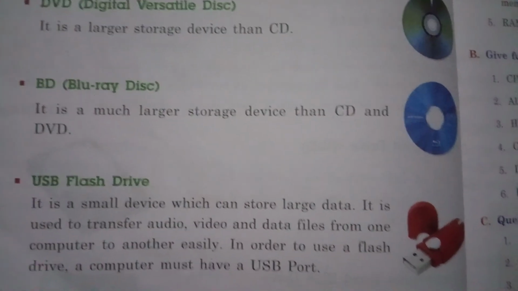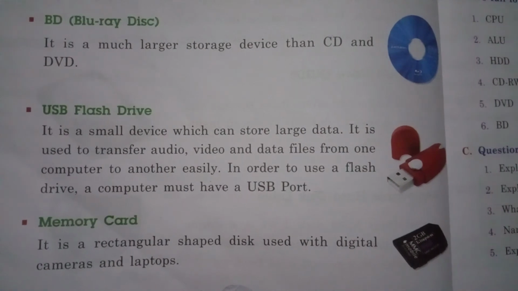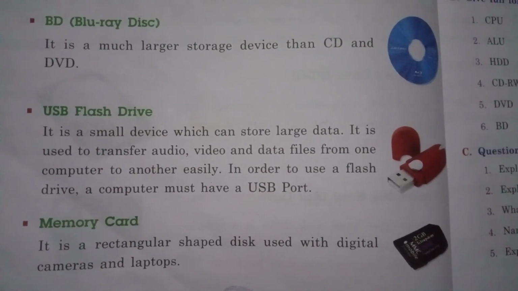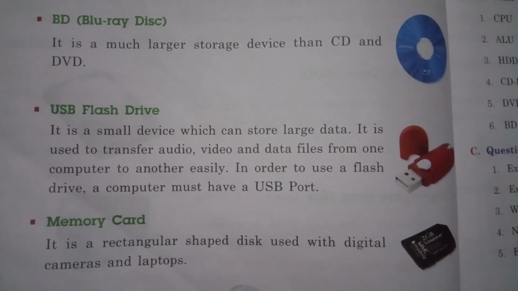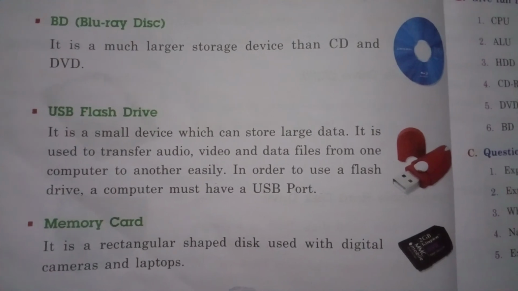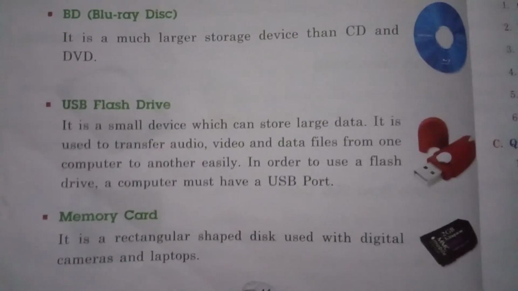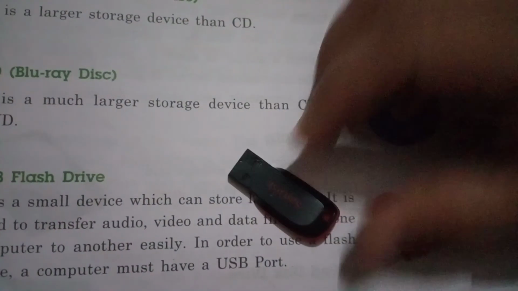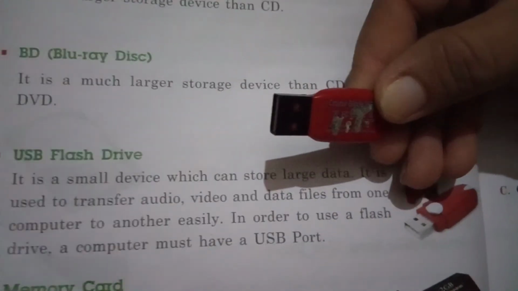Next is the USB flash drive. You all know about the USB flash drive. It is a small device which can store large data. It is used to transfer audio and video data files from one computer to another easily. Students, you can see this device. This is called a pen drive or USB flash drive.